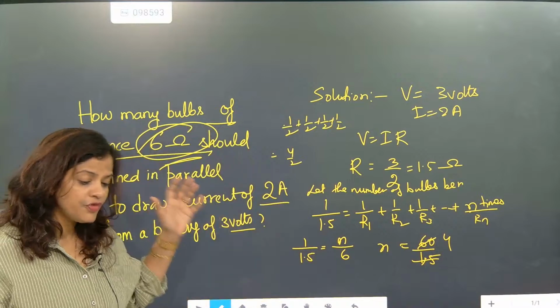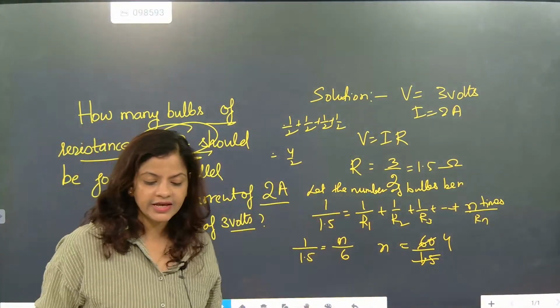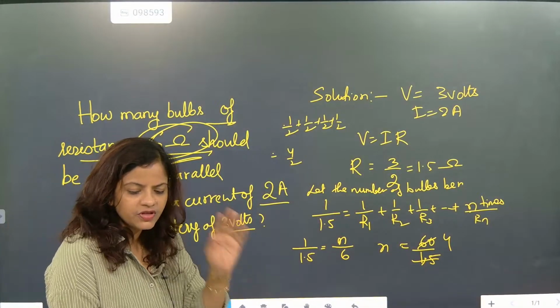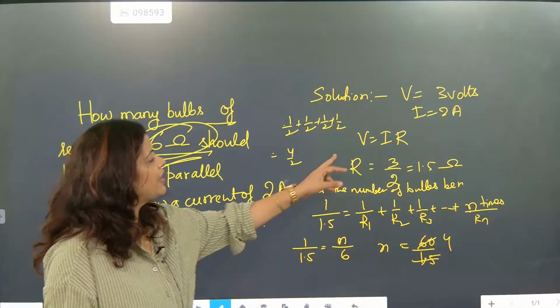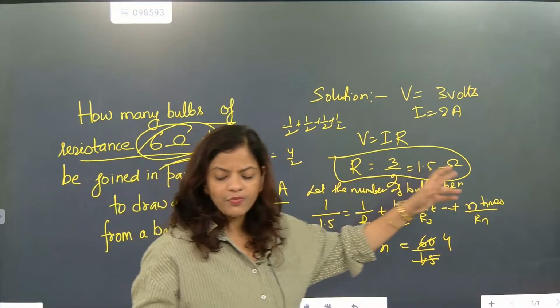But the way of writing is most important. It's not like you can write anything in examination. You have to write with very precise steps. First, you have to find the equivalent resistance, which is 1.5 ohms.